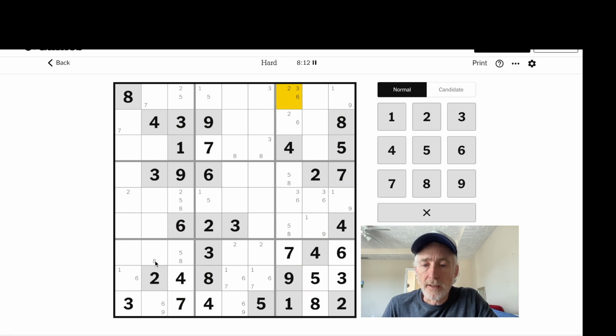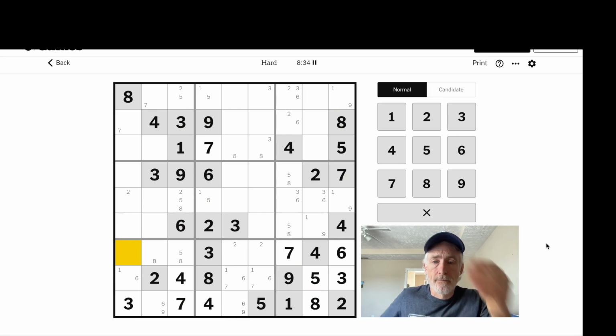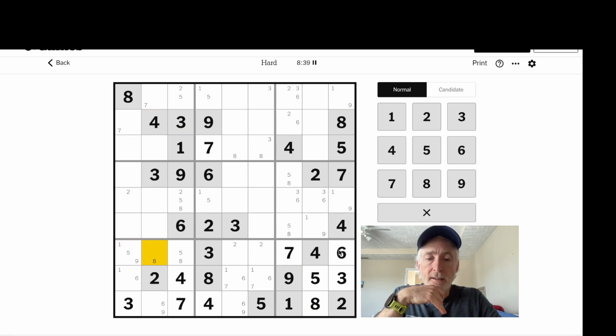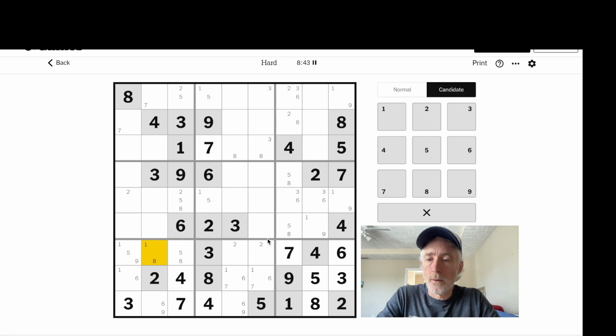All right, where to go next? Let's just look at this box. We need a 1, 5, 6, 8, and 9. 1, 5, 9 because of this 6 over here. 1, 5, 6, 8.